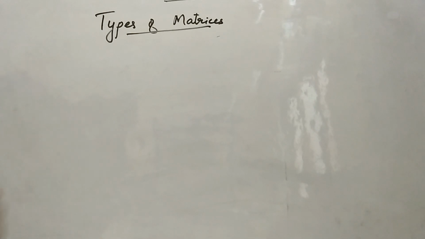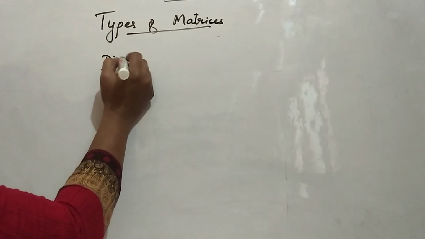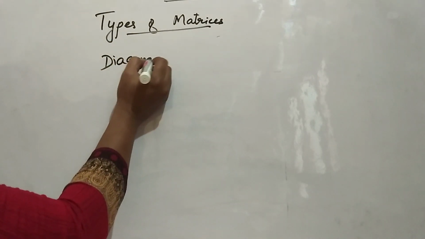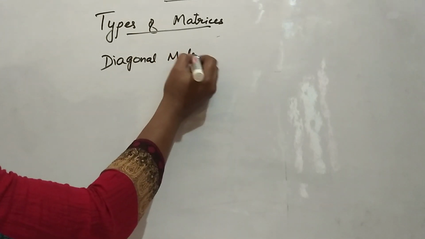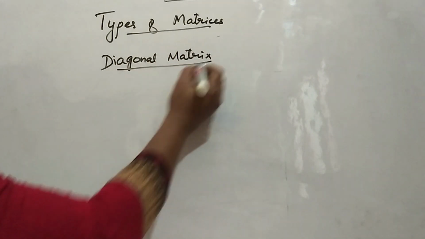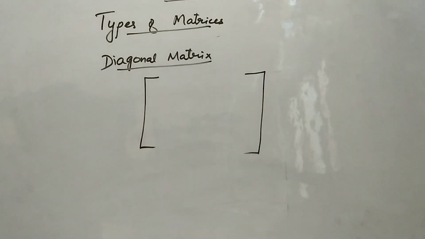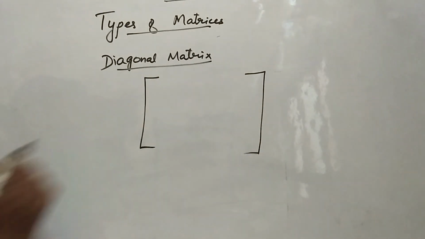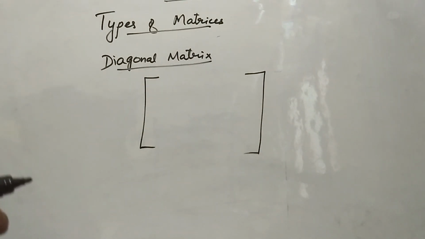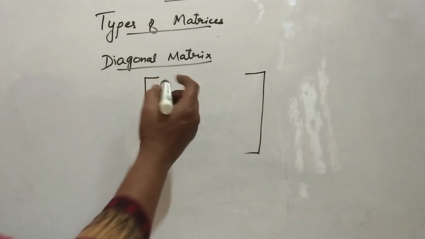Then diagonal matrix. Diagonal matrix is a square matrix, but only in the diagonal you can find the numbers. Remaining all others are equal to 0.